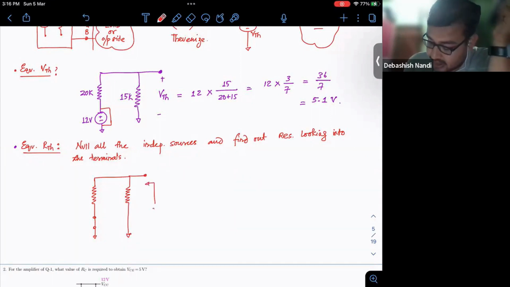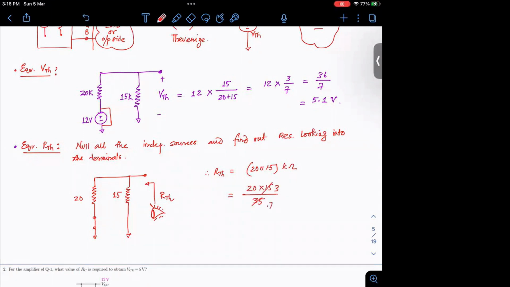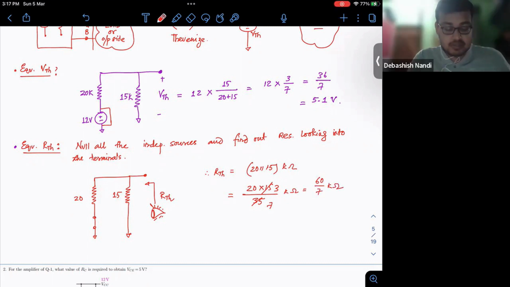So you see from here, right? This is your RTH. This is your 15. This is your 20. So your RTH is nothing but the parallel combination of 15 and 20K, and it is nothing but 3 times 20, this is 7, so this comes out to be 60 over 7, 8.5K.